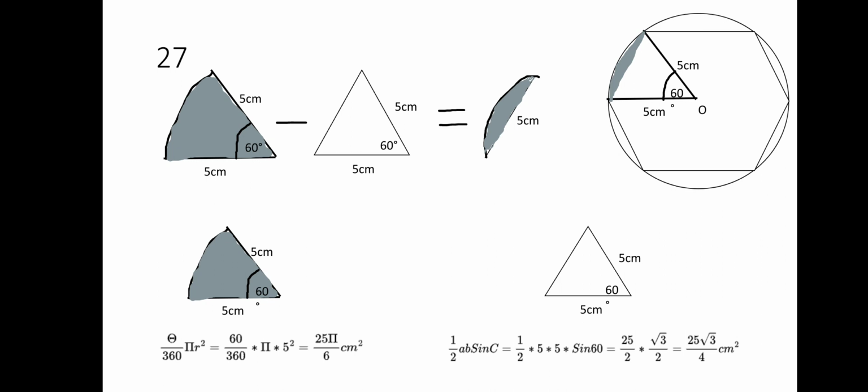Now 5 times 5 over 2 is 25 over 2. Sine of 60 is root 3 over 2, and we encountered this in a similar question, and I said it's worth remembering the trigonometrical values. This is an example of why you need to do that. So when we do this calculation, all of this together, you get 25 root 3 all over 4, and this is in square centimeters.